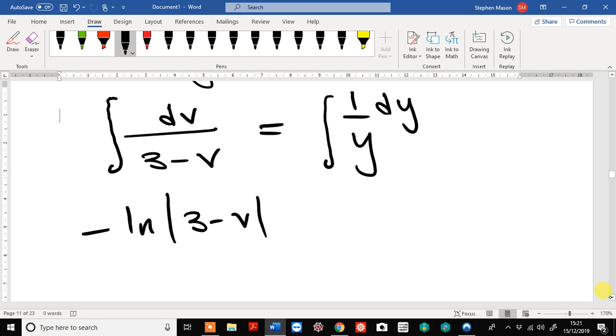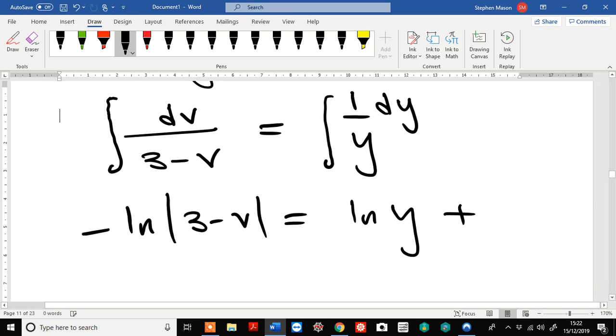Well, the derivative of the numerator is just minus 1, so that comes out, hence the minus sign there, and that's equal to log of y plus, and I'm going to choose our constant to be the log of a.